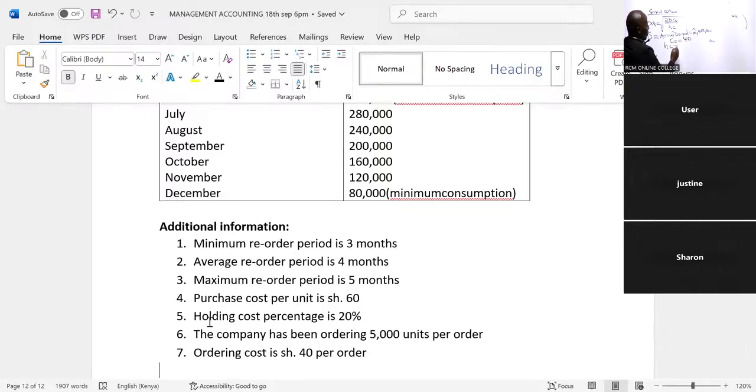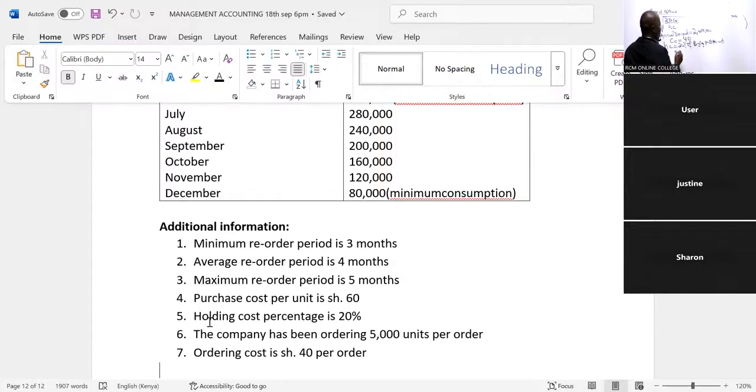How about holding cost? In most cases, they will give it to you in the form of a percentage. It will be a percentage of the price. So the holding cost is 20%, which is 20% of the cash tied up, so 20% of the buying price per unit.